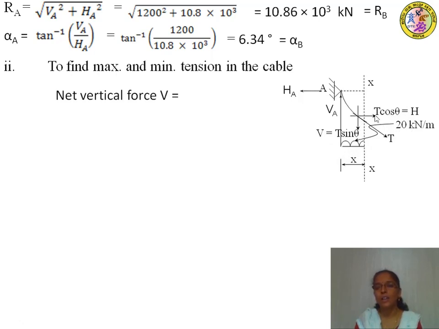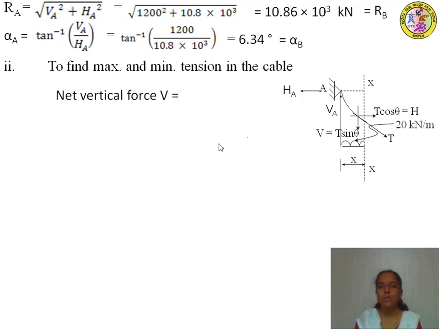So the X component will be T cos theta, which is equal to H, and the Y component will be T sin theta. Let us assume this T is making an angle theta with respect to horizontal.